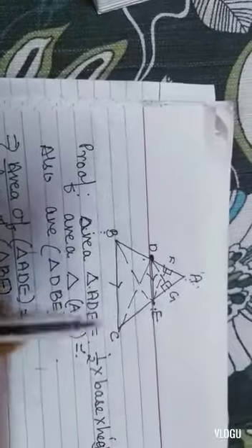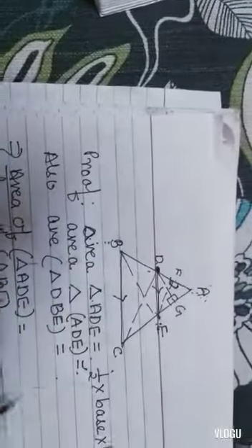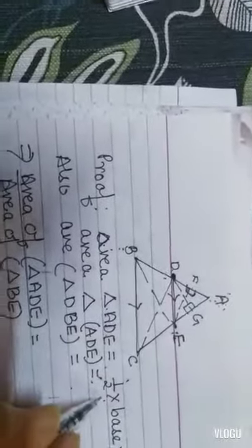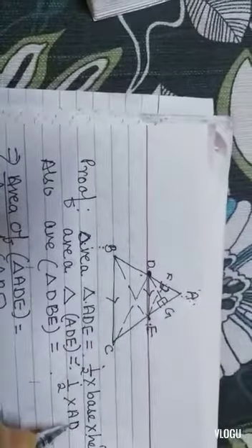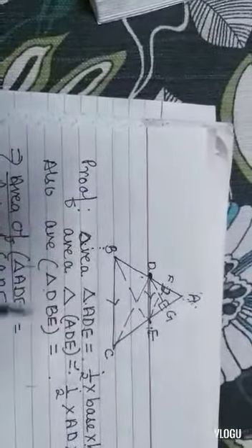Okay. Now what is the area of the triangle ADE? You all know it is half base into height. So you know this is 90 degrees. So it will be half AD into EF. Similarly, what is the area of the triangle DBE?